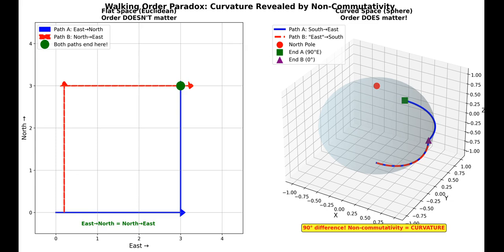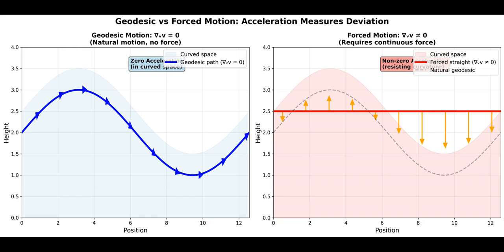Even though the state is moving smoothly with zero acceleration in Hilbert space, the probability oscillates. For a simple two-level system in a magnetic field, the probability evolves as P of t equals cosine squared of omega t. Not just cosine, cosine squared. Now take the second derivative of this probability.